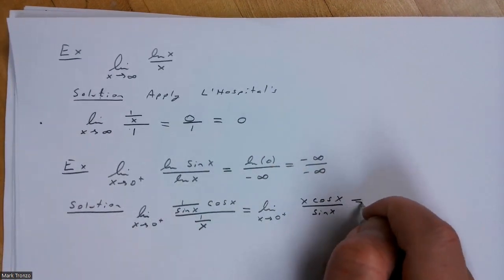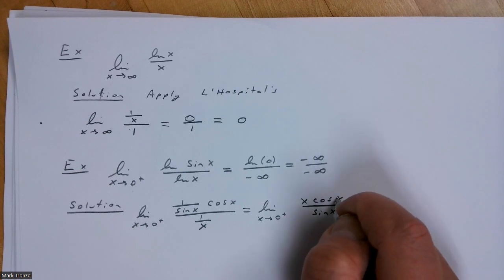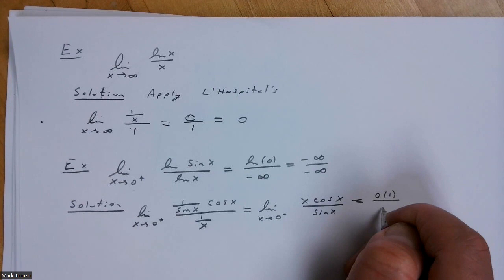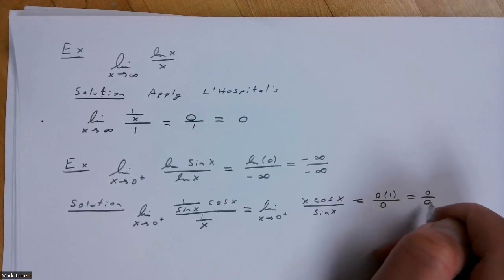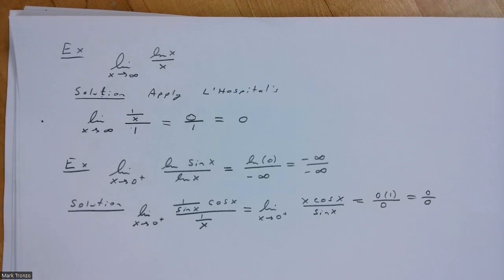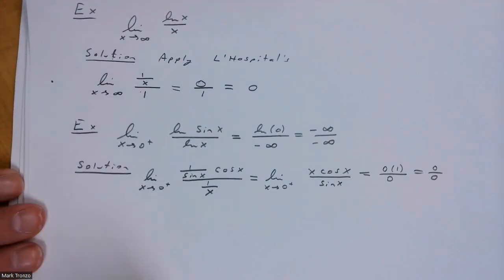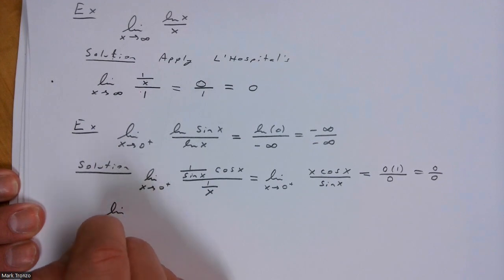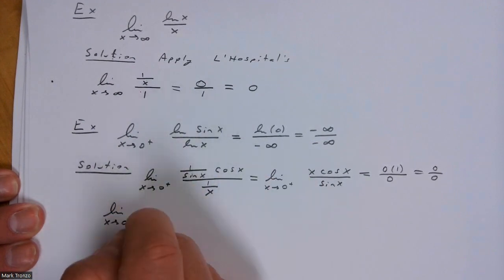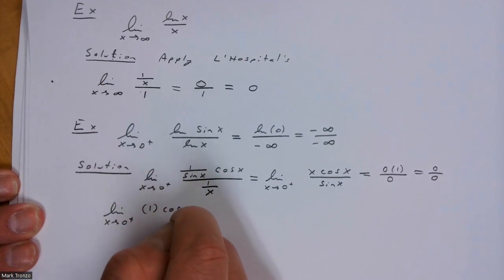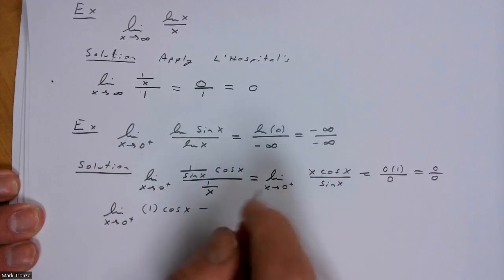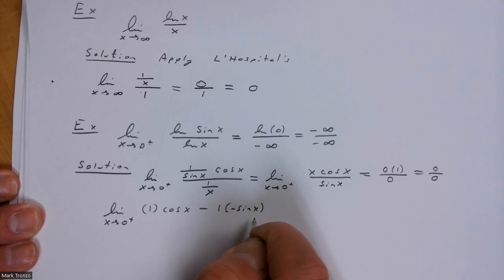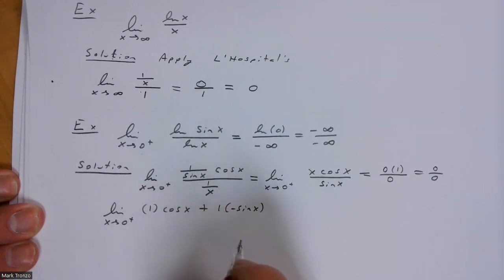Once again, this time we'll get 0 times 1, 0. So we're going to get 0 over 0 again. So let's try to take another derivative here. Take a derivative of that product. The limit as x approaches 0, derivative of the first times the second plus the first times the derivative of the second.